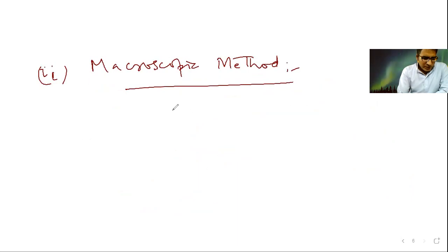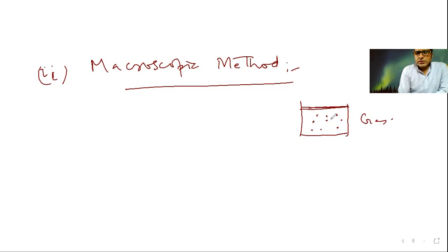So in the macroscopic method, we do not consider this gas at molecular level. You know, it contains molecules, they are moving, they are gliding, changing their direction of motion. But we disregard all that.